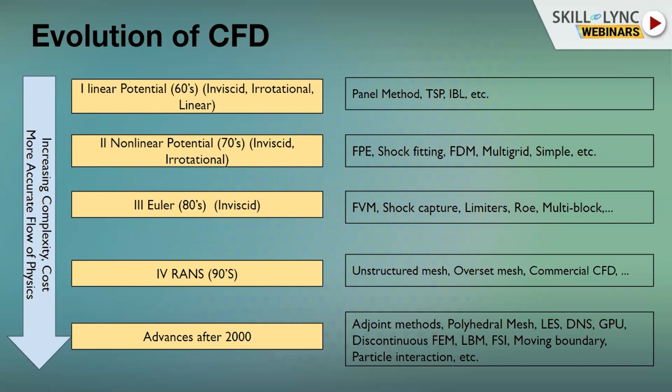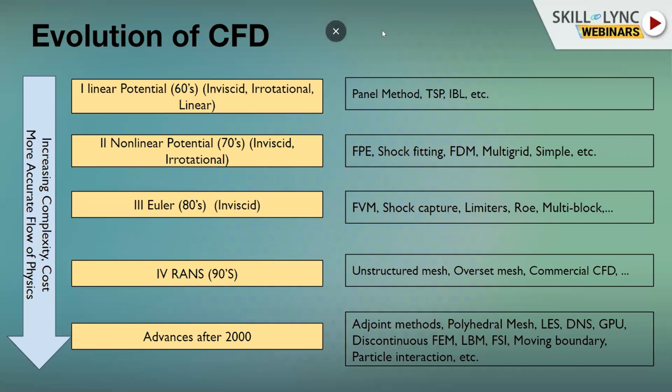People started using convergence acceleration techniques like multigrid. All of these are for compressible flows. At the same time, for incompressible flows, the pressure correction techniques like the SIMPLE algorithm came into existence. Those used the staggered mesh initially, and then it moved into co-located methods, which happened during the 80s. The finite volume method came into the picture. With the finite volume method, we could do the shock capturing.